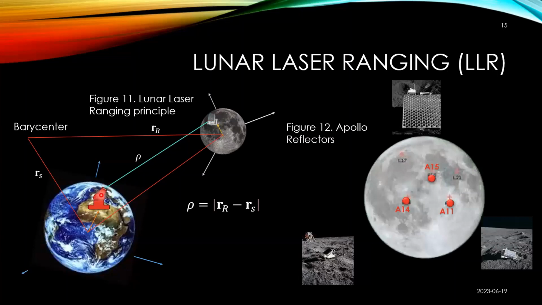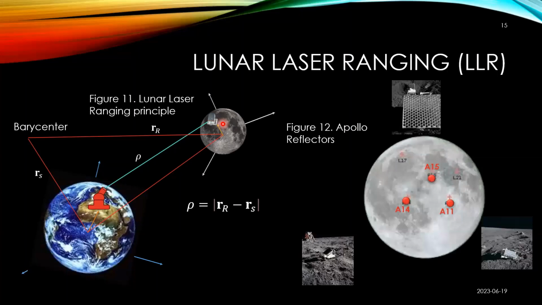And what is the point here? You see, it's the barycenter, the center of the solar system, and the position of the Earth in the solar system and the position of the Moon are known. They are rather stable. By measuring the distance between the reflector at the Moon and the station, we can determine the position of the reflectors, and if we consider that the points on the ground are fixed, then we can measure the changes in the Moon: libration, movement of the Moon, determining the orbit of the Moon.